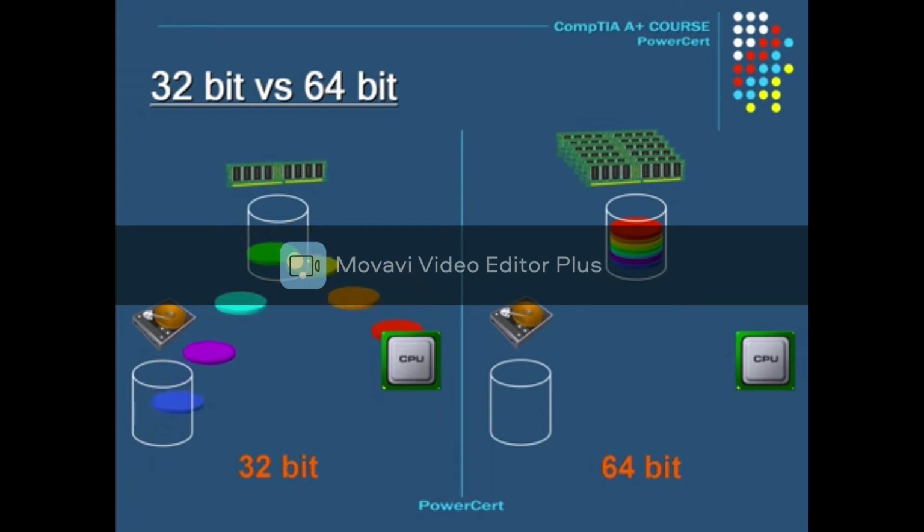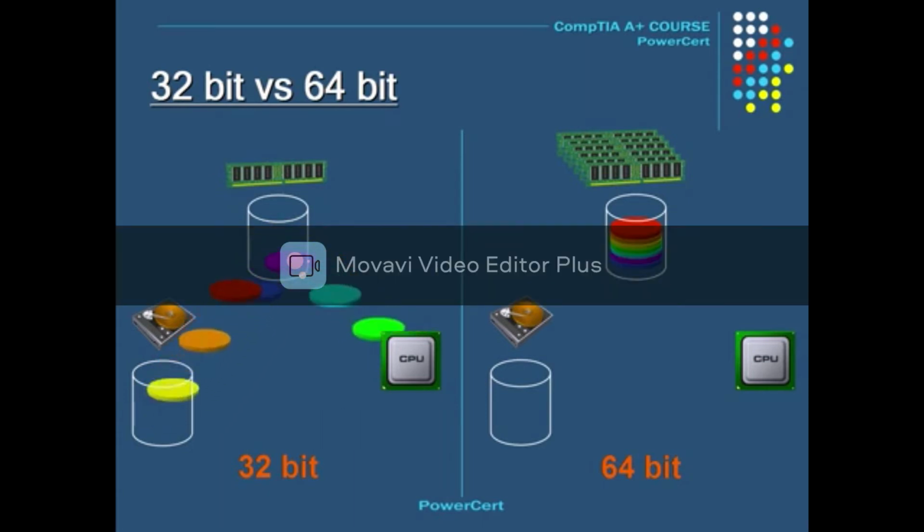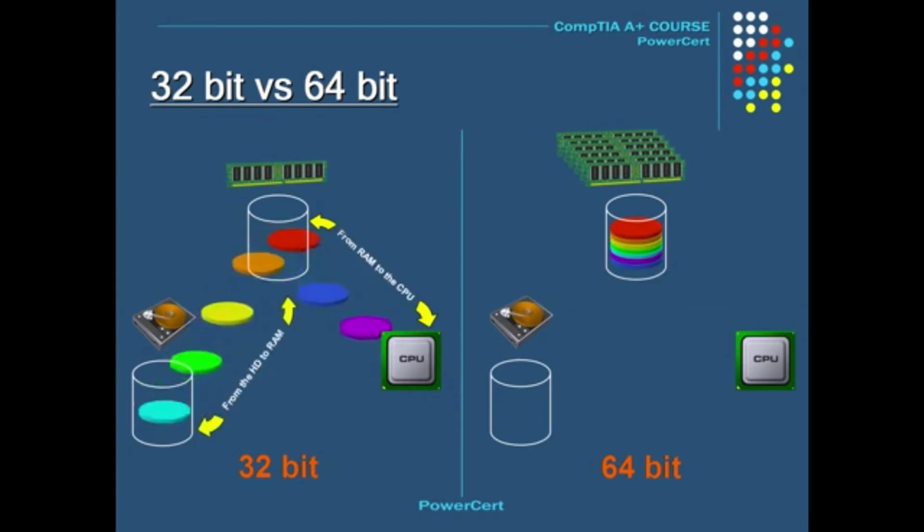Now in a 32-bit system, since the maximum amount of memory it can support is 4 gigabytes, it may not be enough to hold all the data that the CPU needs to make the computer run as fast as possible. And when this happens, then some of the data has to be kept on the hard drive to compensate for the low memory. So instead of data going from RAM to the CPU, it has to do extra work by going back to the slower hard drive. And when this happens, it slows down the computer.